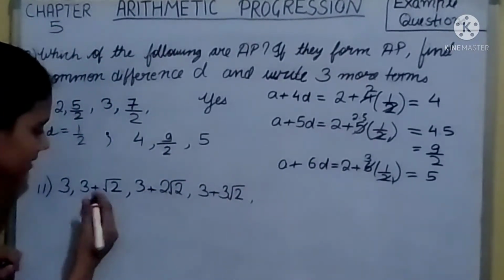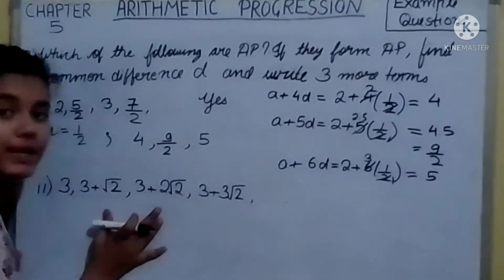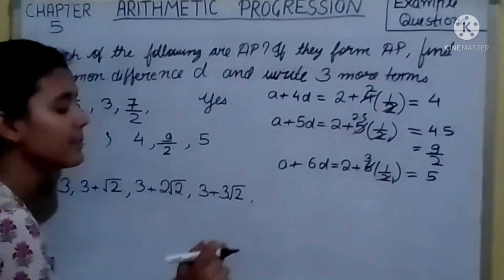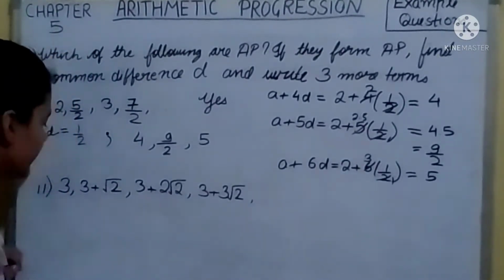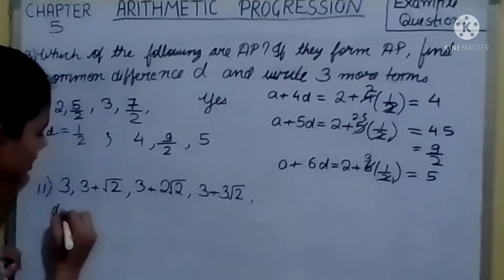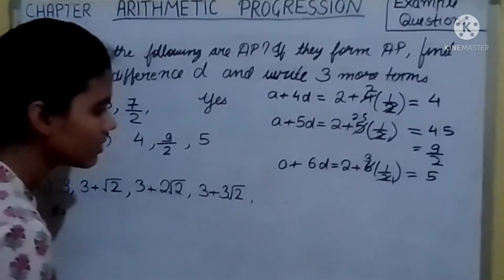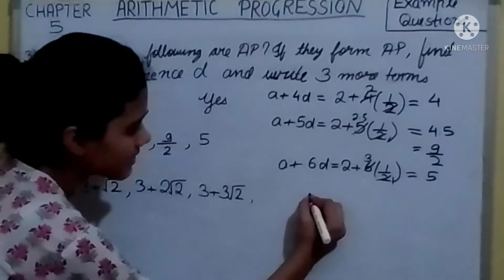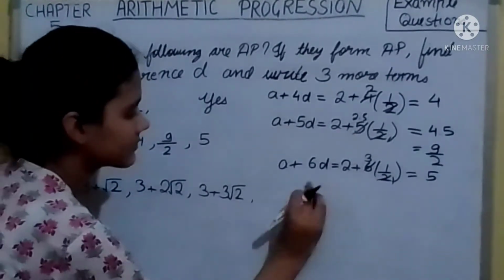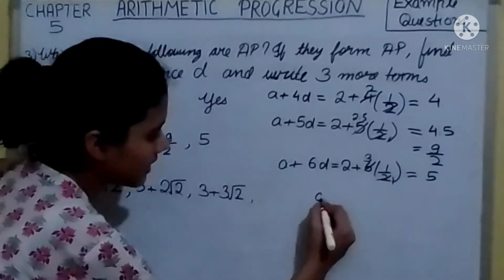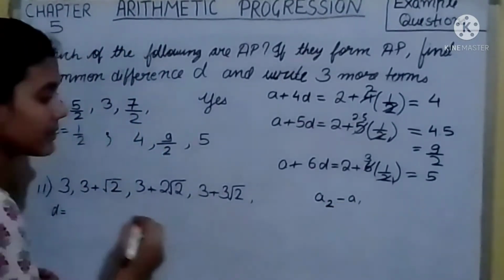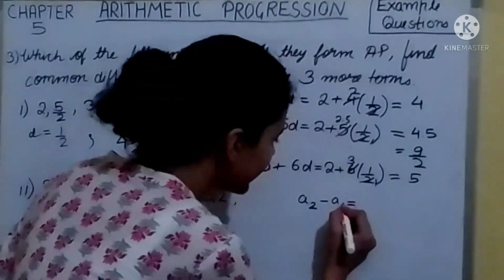So the next list we have got is 3 comma 3 plus root 2 comma 3 plus 2 root 2 comma 3 plus 3 root 2. Okay, so how will you do is, first we have to find the common difference. So how will you find the common difference? a2 minus a1.